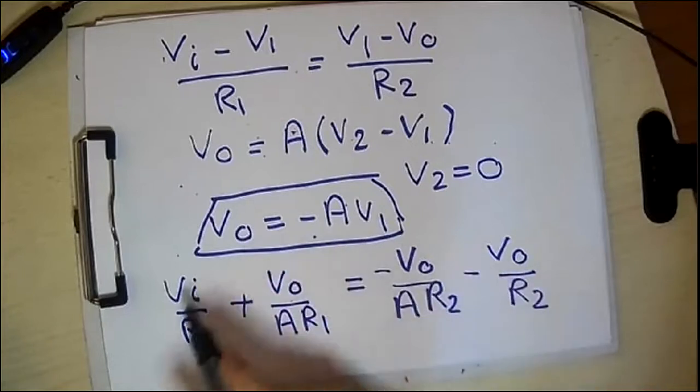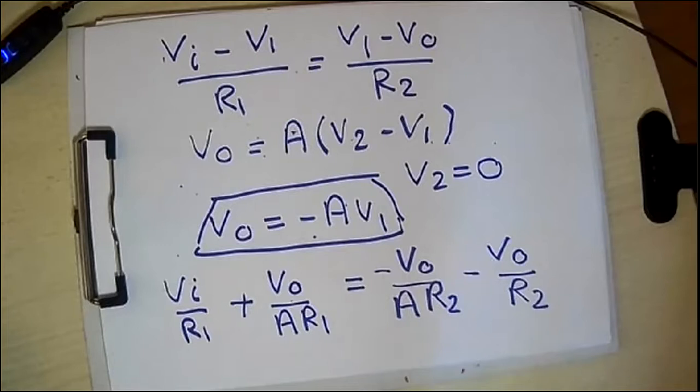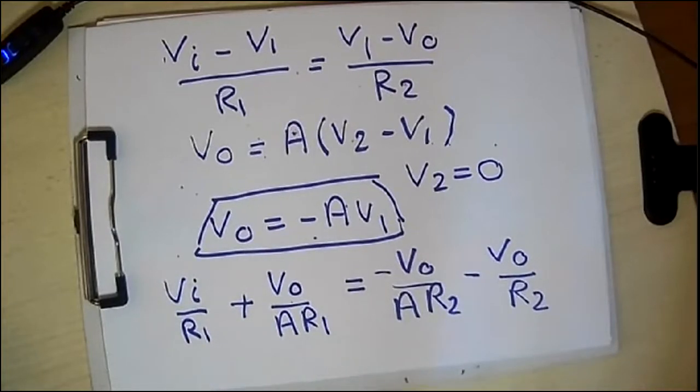Now you reach what you want: a relation between the input and the output. Just some mathematical rearrangement to make this equation more visible.